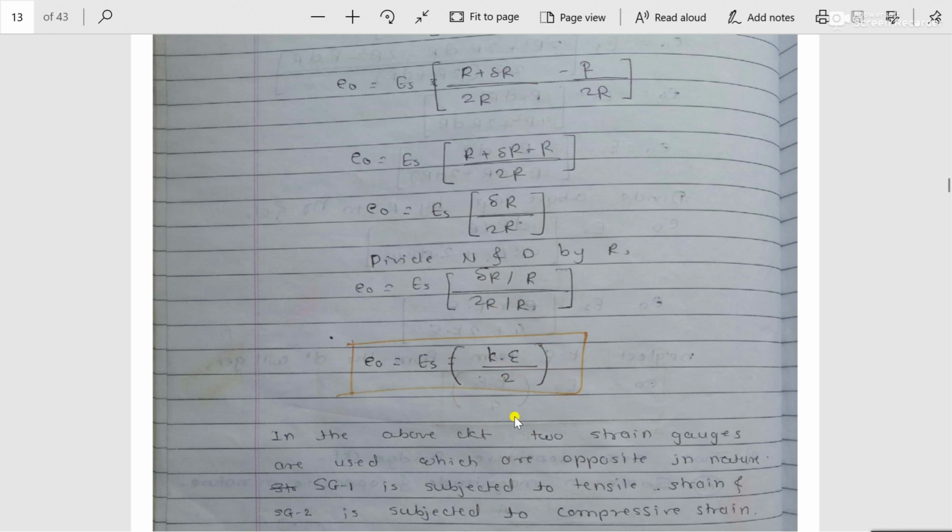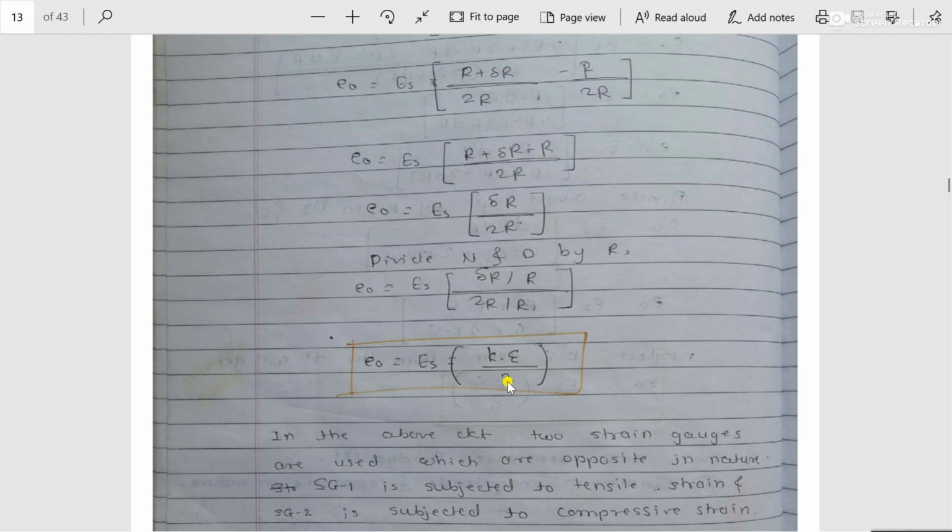So this is the output of the Wheatstone bridge circuit for the two arm sensitive bridge circuit. That means instead of using a single strain gauge, here I have used two strain gauges, and due to that the number of strain gauges increases from 1 to 2, and the output of the bridge circuit will change. If we compare this E0 output with the single arm sensitive bridge circuit, what is the formula for the single arm? That is E0 is equal to Es in bracket k into epsilon divided by 4.